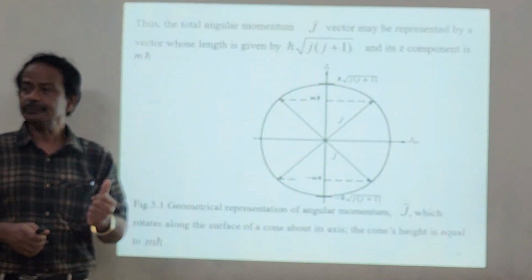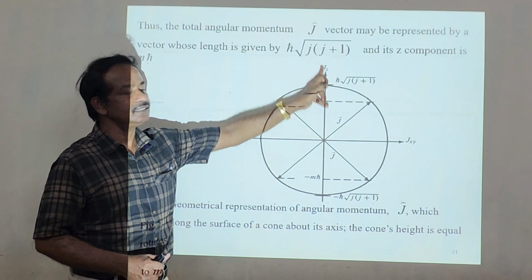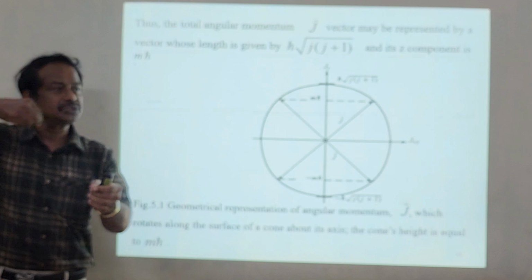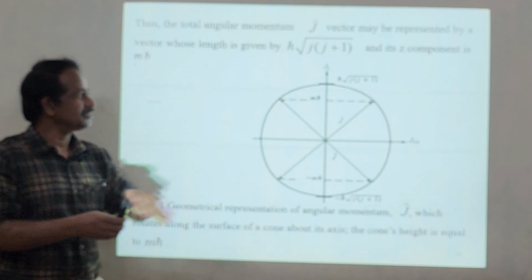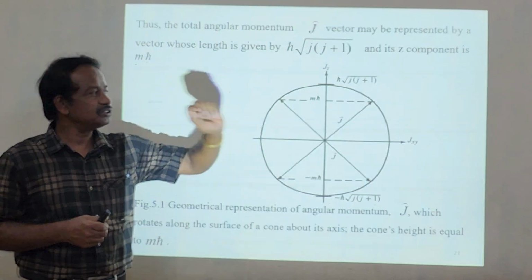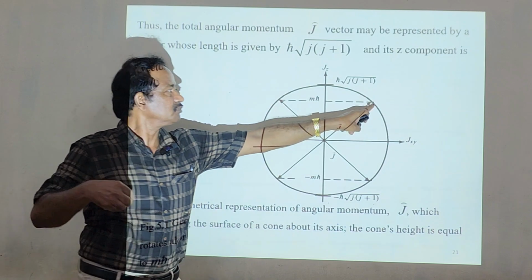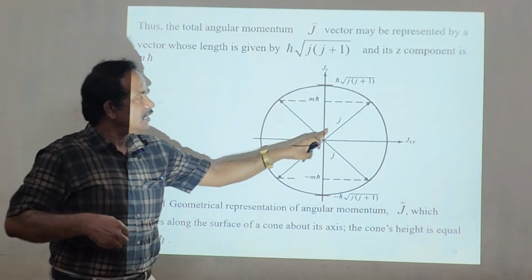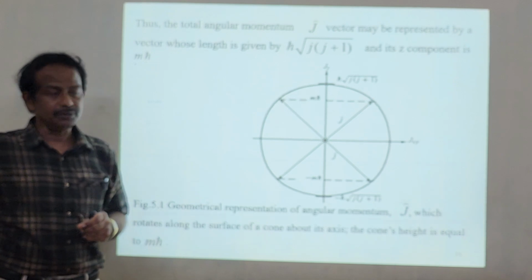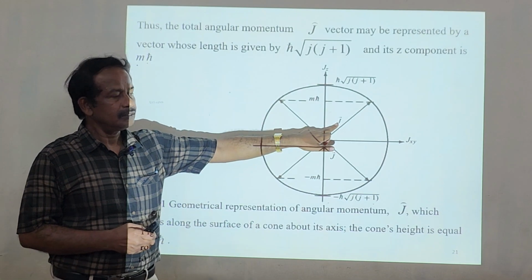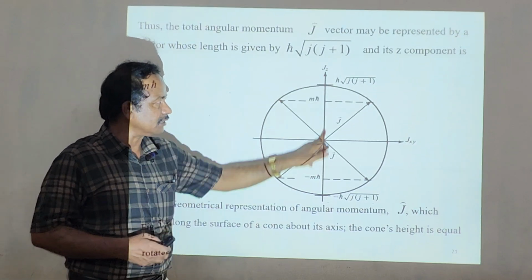You have an atom, you apply the magnetic field in the z direction, and the electron which revolves around the nucleus will precess now. Suppose the position of the electron is somewhere here. It will precess like this, and this J will give you the magnitude. And the projection of this will fall exactly on this axis.